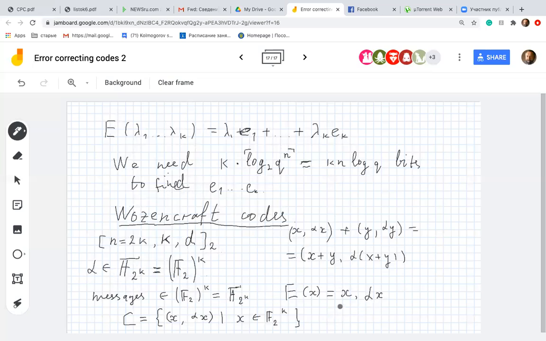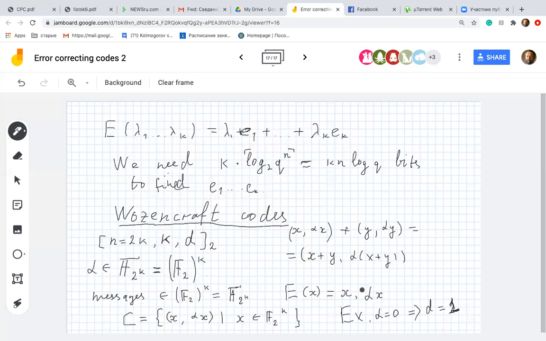For example, if alpha is 0, then the distance is very low. So the distance is only 1, sorry. 2 different code words can differ in only 1 bit, because the second part is trivial, it is 0.